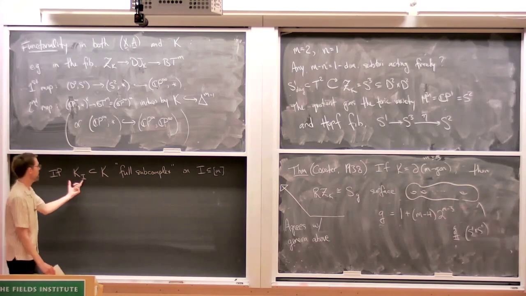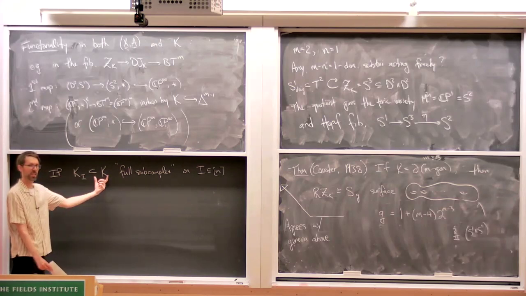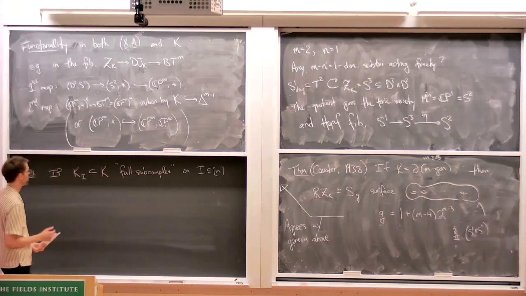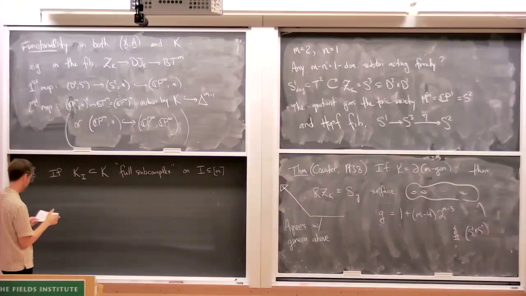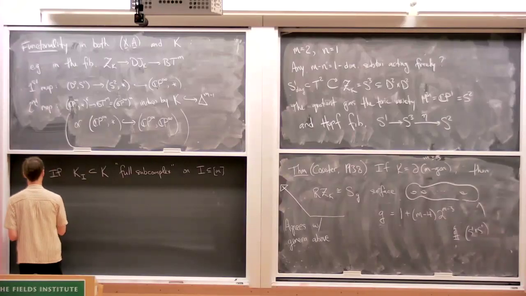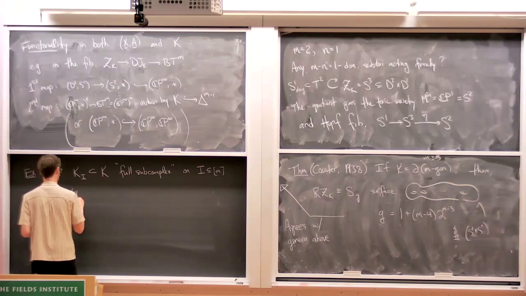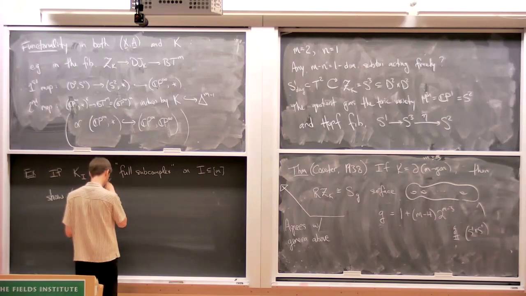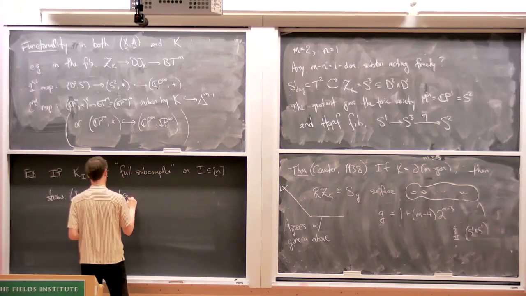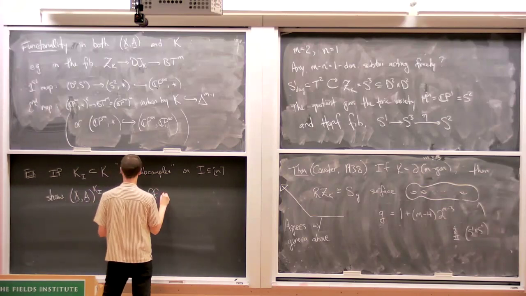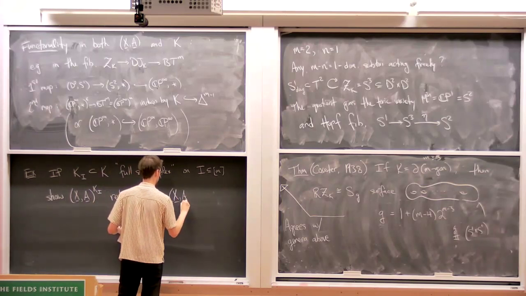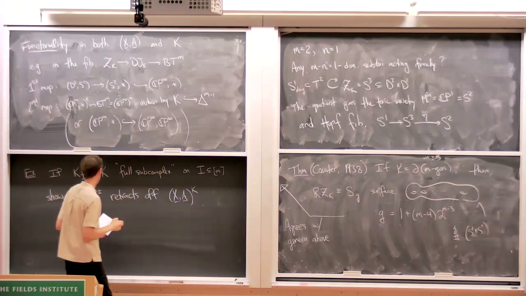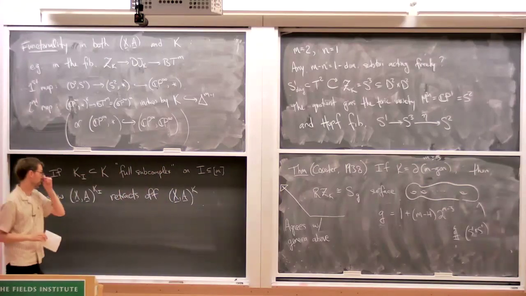The same is true just for any subcomplex, including into K. But if your subcomplex is full or induced, then, exercise, you can show that this induced map has a retract. So this is going to be a very useful property for analyzing the homotopy types of these spaces. So show that (X,A)^{K_I} retracts off (X,A)^K. We already have a map that way coming from functoriality.